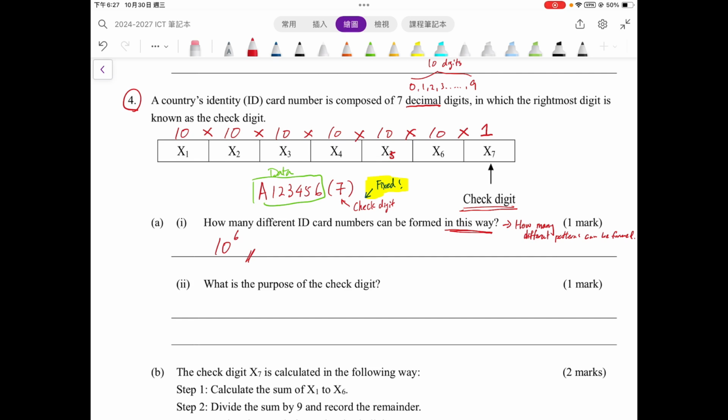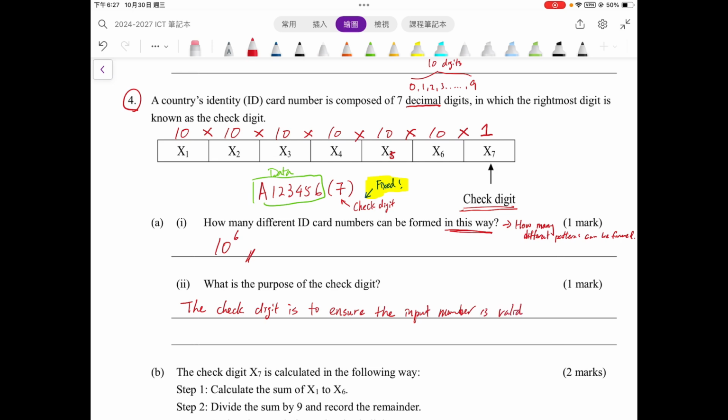So this is A1. So A2, what is the purpose of the check digits? We have just explained it in the beginning of this question, so we'll just write it very briefly. The check digits, what is the purpose? The purpose is to ensure the input number is valid.